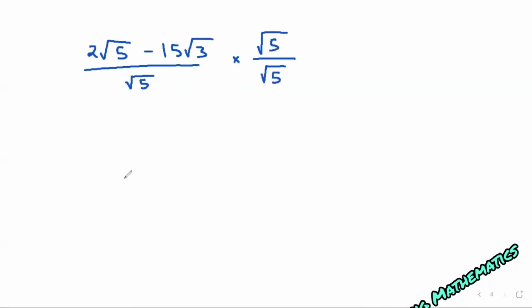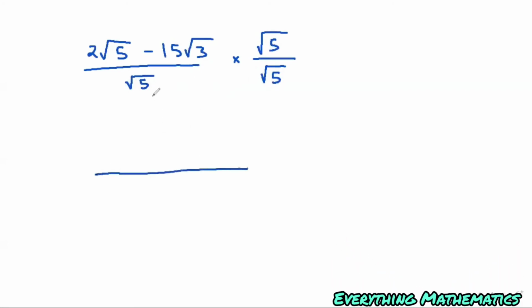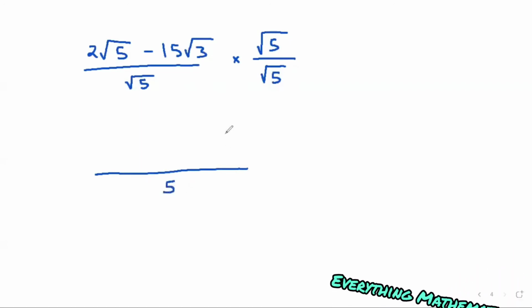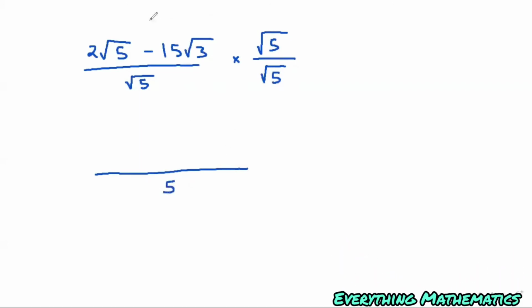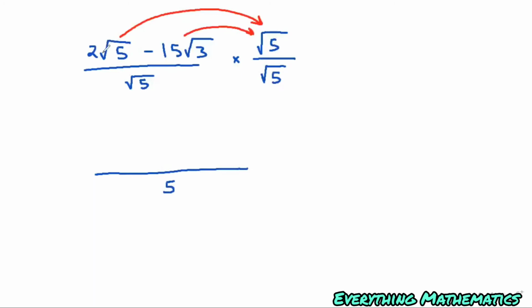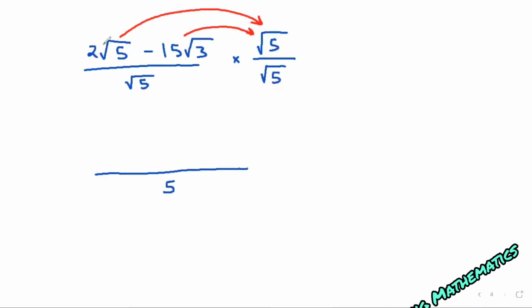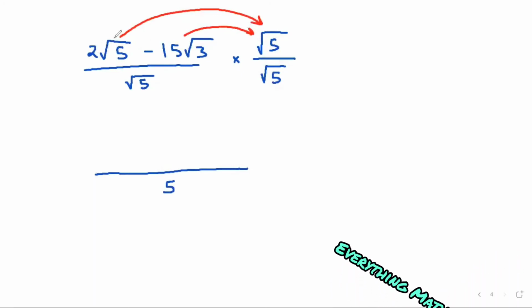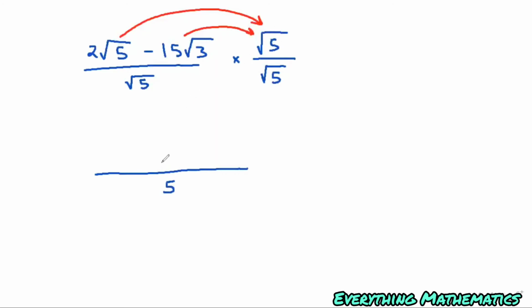So let's do the denominator first, since it's very straightforward. Root 5 times root 5 will just give us 5 at the bottom. The top looks a little interesting. So we have 2 root 5 times this, and then we have minus 15 root 3 times that. Notice that for 2 root 5 times root 5, the root 5 times the root 5 will just give us 5.